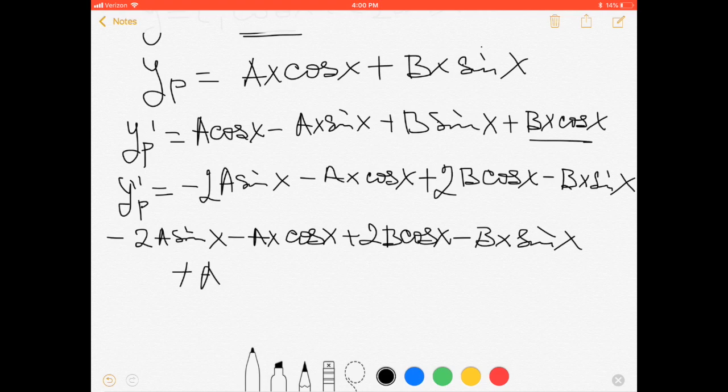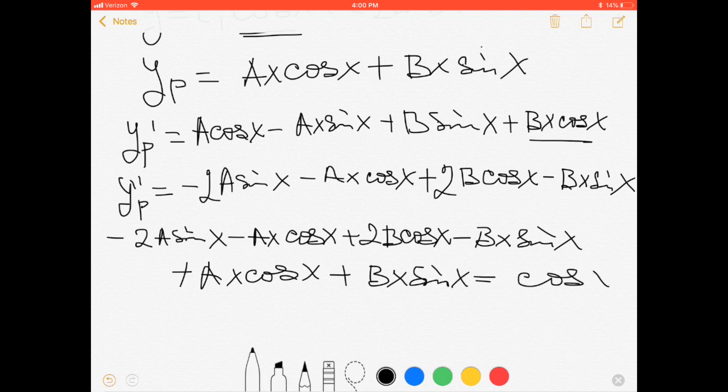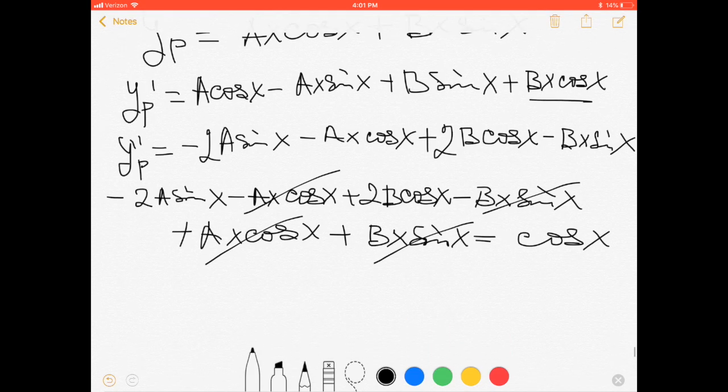It will be plus ax cosine x plus bx sine x equal cosine x. After simplifying, the ax cosine x cancels and bx sine x cancels.